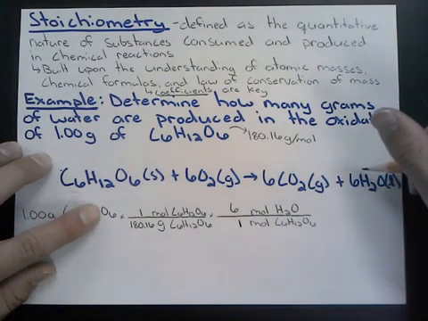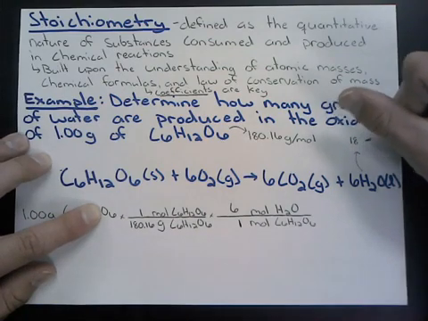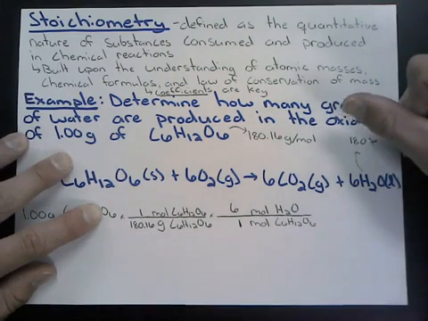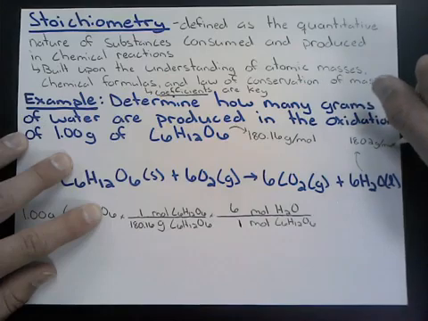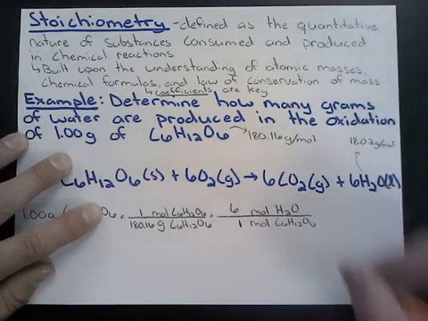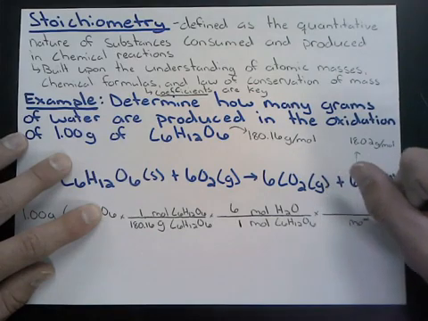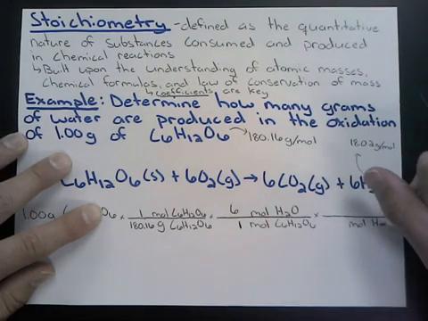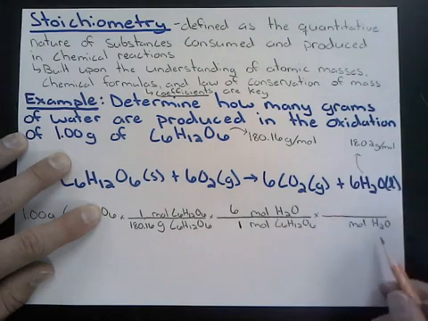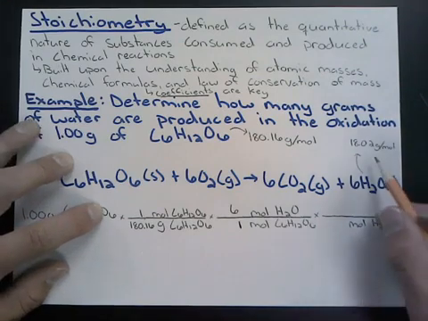Now, the last step here, and to help save you some time, the molar mass of water is 18.02 grams per 1 mole. And so again, we go from moles, we cancel out moles H2O on bottom, and now we can go from moles of one substance to grams, just like we have here.